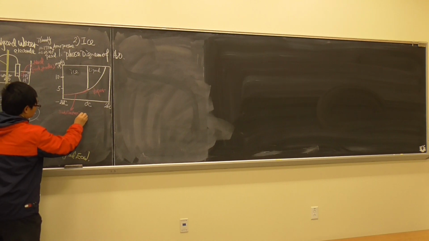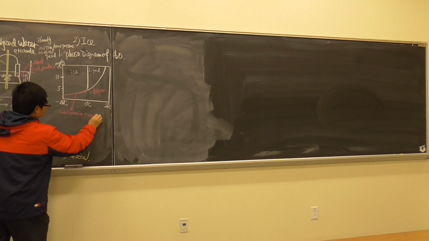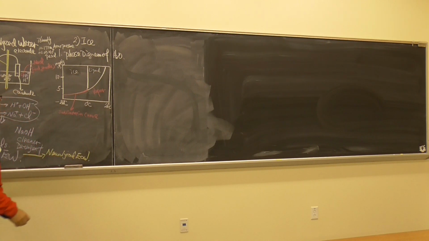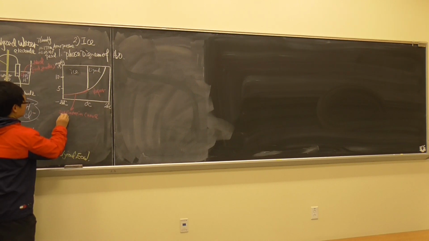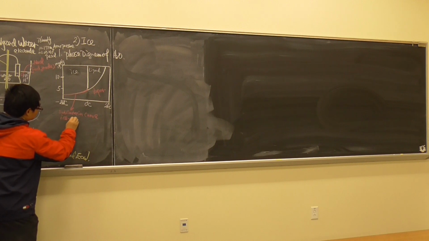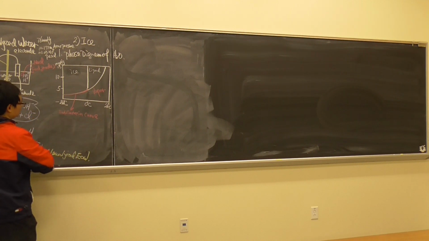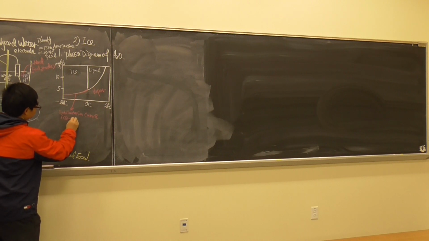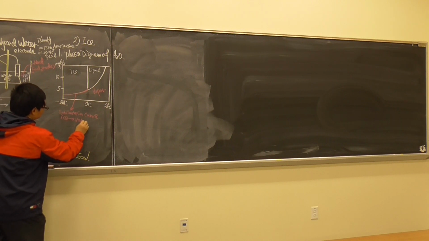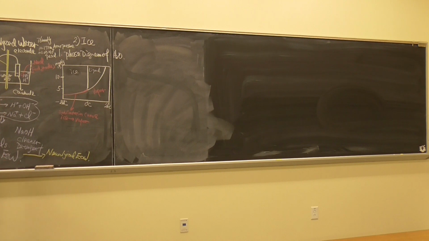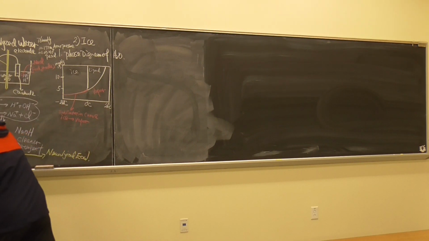Sublimation curve, which means this curve will let the ice directly become vapor. What is the second curve going to look like? Second curve we do here.